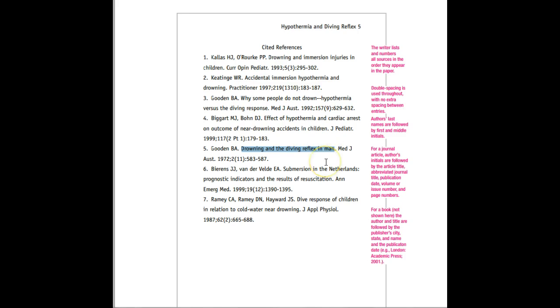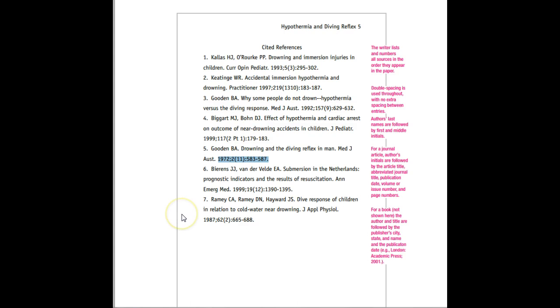So they are different articles. They are written in the same journal, but they have different publication dates. This is 1992. This is 1972. Okay. I don't think there's anything else that's noteworthy in the cited references.